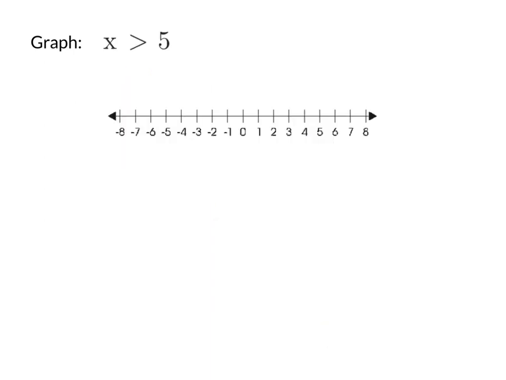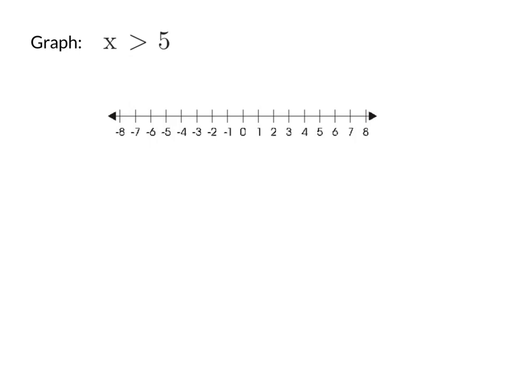As for the inequality part, if we were to graph the inequalities that we've been dealing with, something like x is greater than 5, the first thing we had to do was find out where the 5 was. That was kind of our boundary, and then we decided whether it was going to be a circle or a dot, and that was based on whether or not x could equal that 5 or not. If x can equal the 5, we would use a dot, but in this case it's strictly greater than 5.